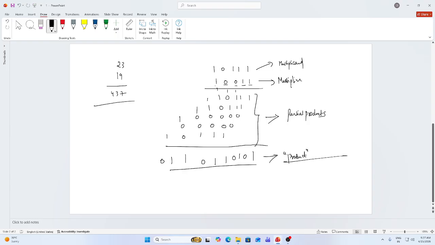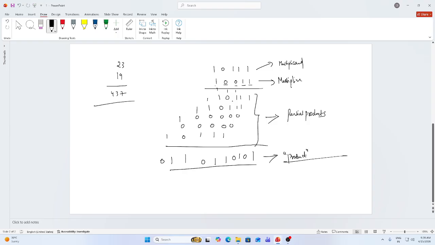First, observe here: if I want to store all this, we get 5 partial products. If I want to store 5 partial products and add at the end, I require 5 registers and a complicated ALU to add all this, right?